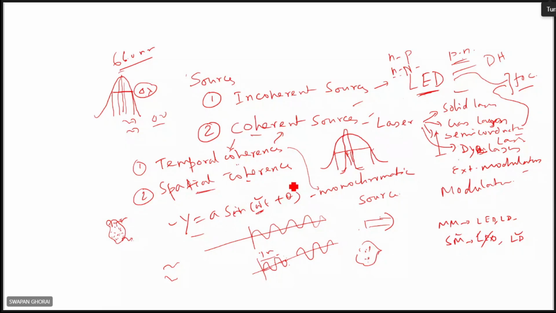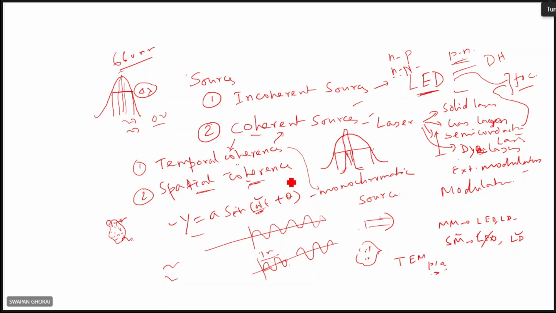Actually, we'll see that this is possible because it is a multimode device, TEM modes and so on. So longitudinal modes and transverse modes are there. The transverse modes are related to the spatial coherence, and the longitudinal modes correspond to temporal coherence.